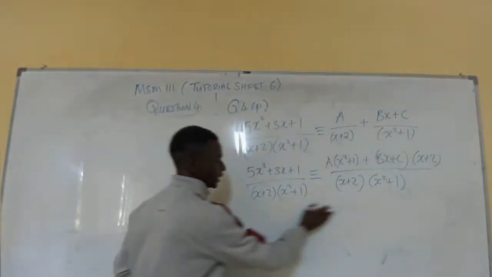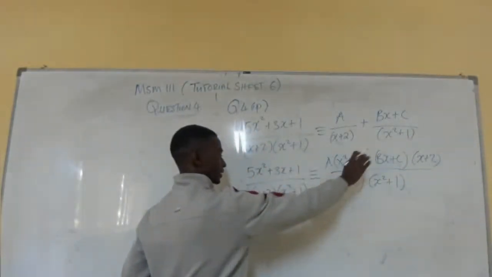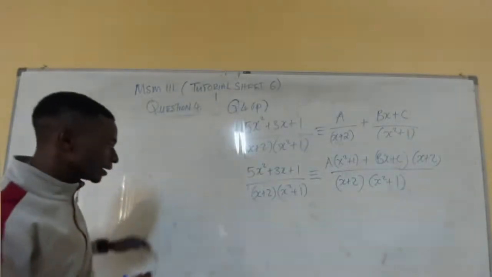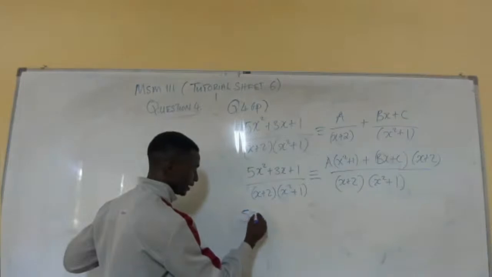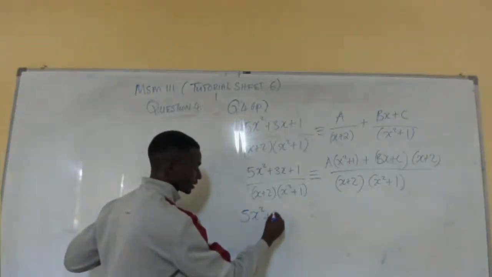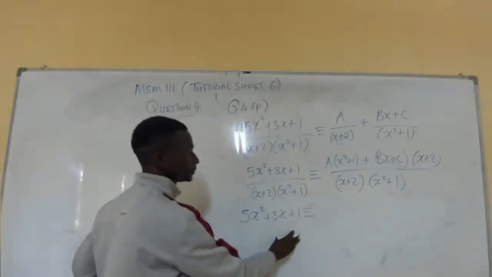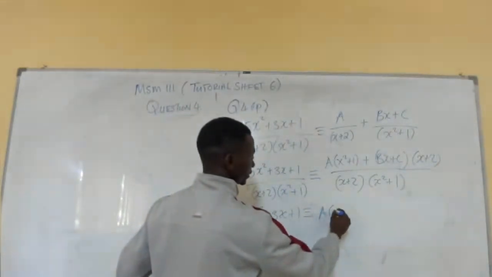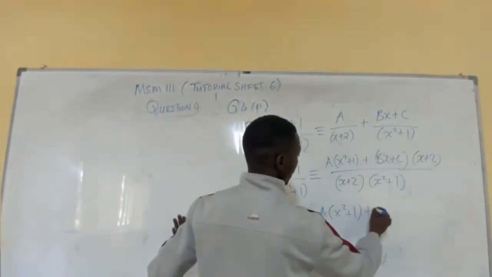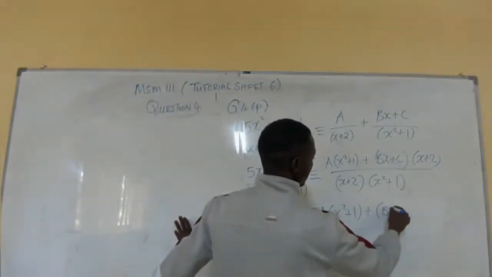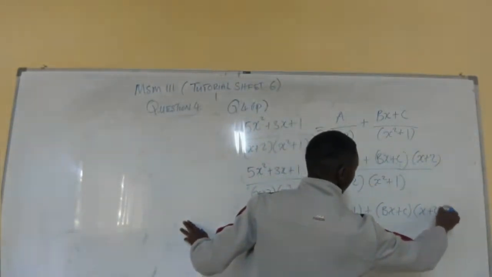So now if you reach there, forget about the denominators. Equate the numerators. So equating the numerators, what are we getting? We're getting something like this: 5x squared plus 3x plus 1 equals a times x squared plus 1 plus bx plus c times x plus 2.